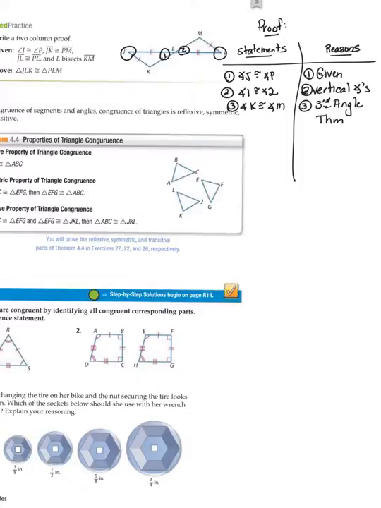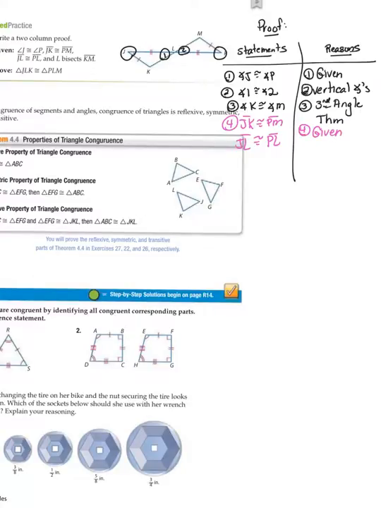Now we have to come up with our partners for the sides. I'm going to change colors for the side just for a learning process to make sure that we're okay. Okay, so I've got JK congruent to PM given, and I've got JL congruent to PL. That's given. I just split those up this time.